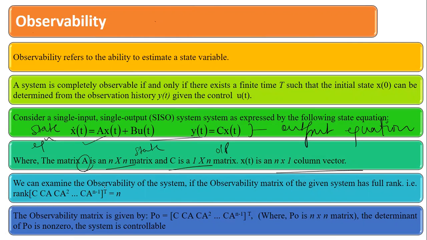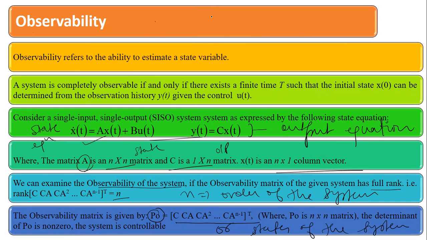So we can examine the observability by determining the observability matrix, and the rank of this observability matrix should be full, that is n, where n is the order of the system or the number of states of the system.